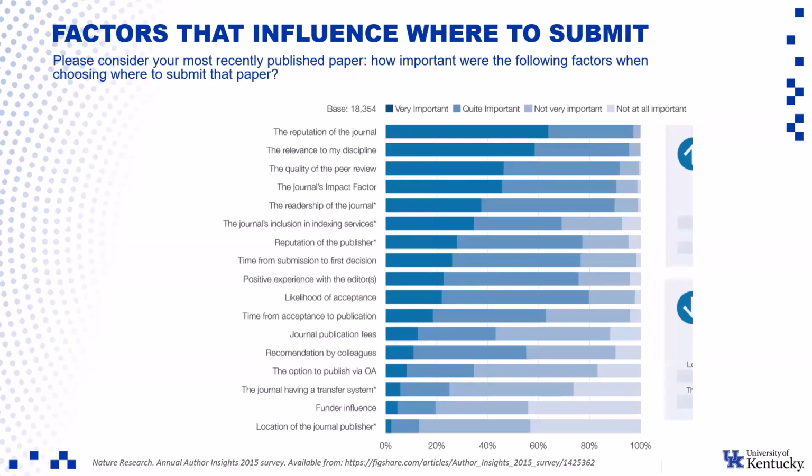So, factors that influence where to submit. How do researchers decide where they're going to submit? There are actually many factors to consider. So in 2015, there was a survey done by Nature, and researchers said that the most important factors were the reputation of the journal, the relevance of the journal to the researcher's discipline, the quality of the peer review, and the journal's impact factor.